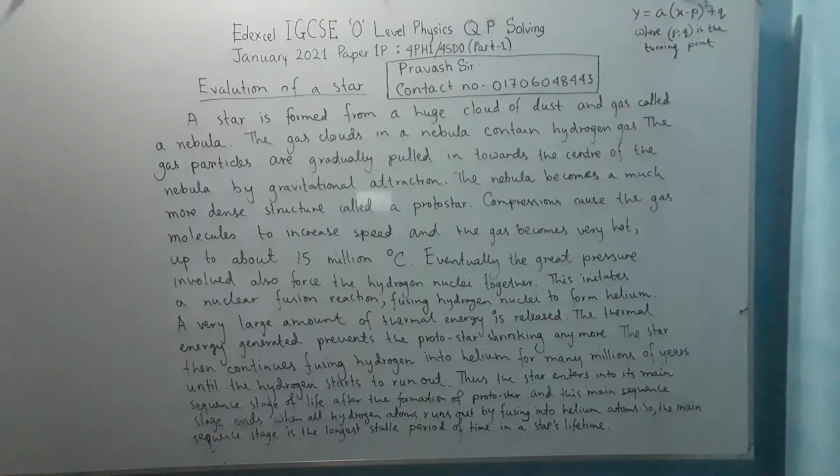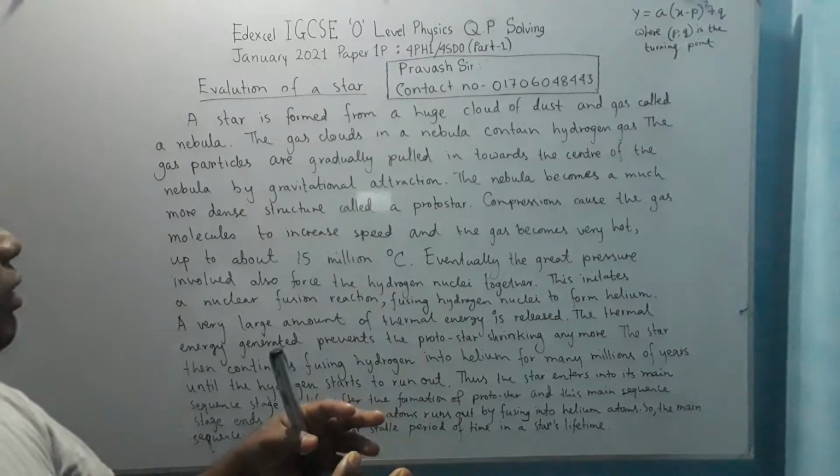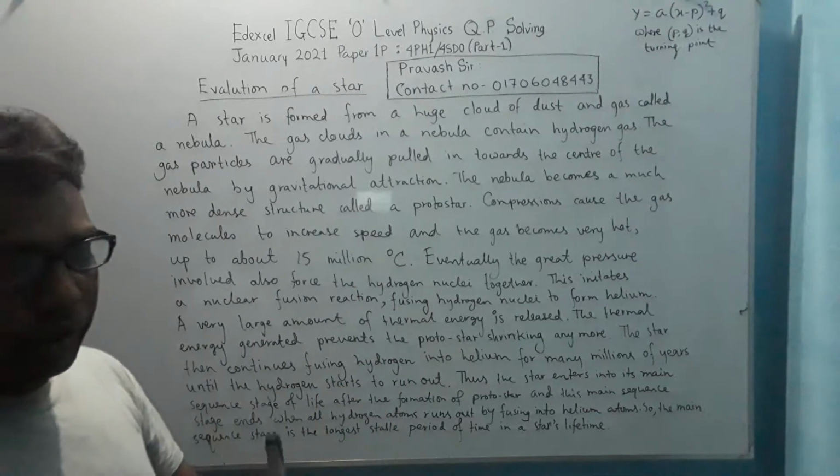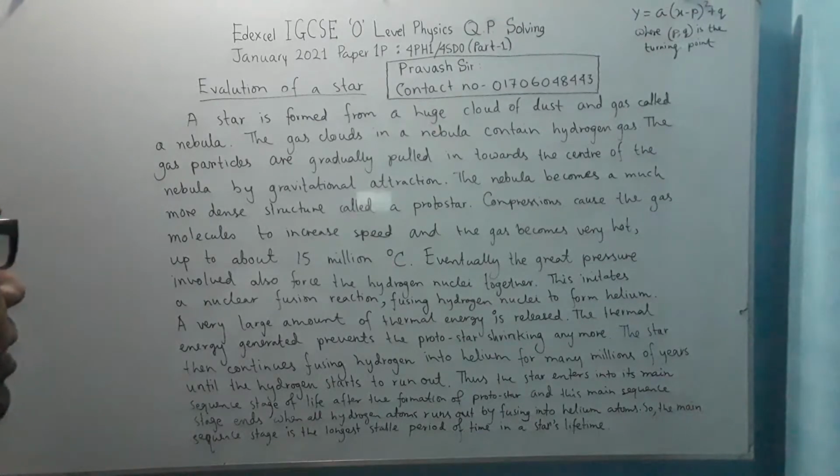When the hydrogen gas particles are gradually pulled in towards the center of the nebula, the gravitational force increases.